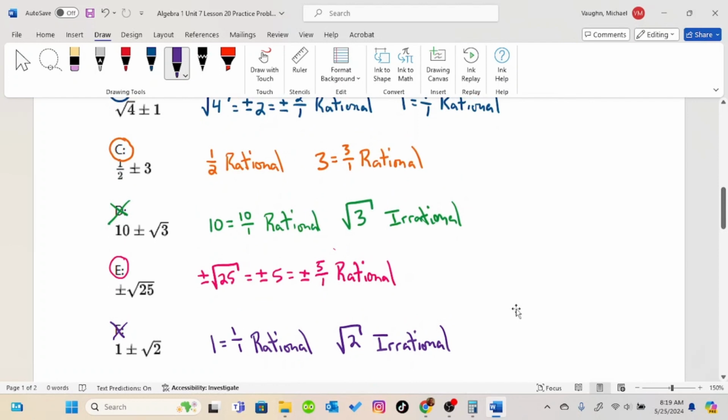If you have any questions about how to determine whether numbers are rational or irrational, and whether their sum or difference is rational or irrational, please get clarification so that you are set up for success moving forward to the other practice problems.